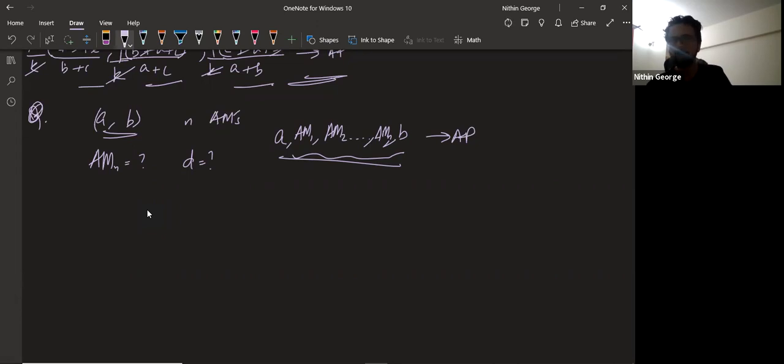You can say that these n plus 2 terms will be in AP. What is the first term? T1 is a. Okay. What is the common difference?